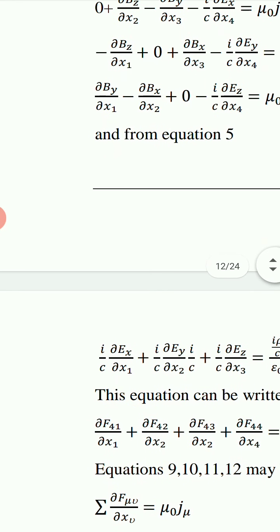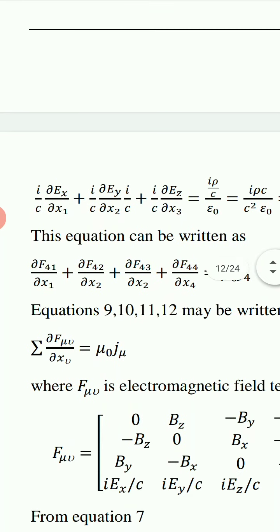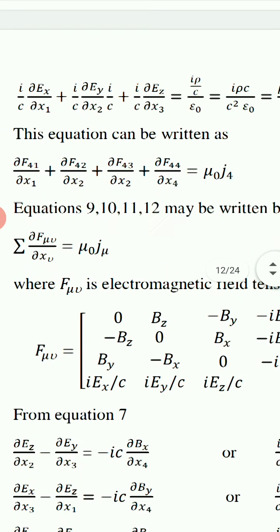From this equation we can write i by c delta Ex upon delta x1 plus i by c delta Ey upon delta x2 plus i by c delta Ez upon delta x3 equal to i rho by c upon epsilon 0, multiplying equation 5 by i by c.